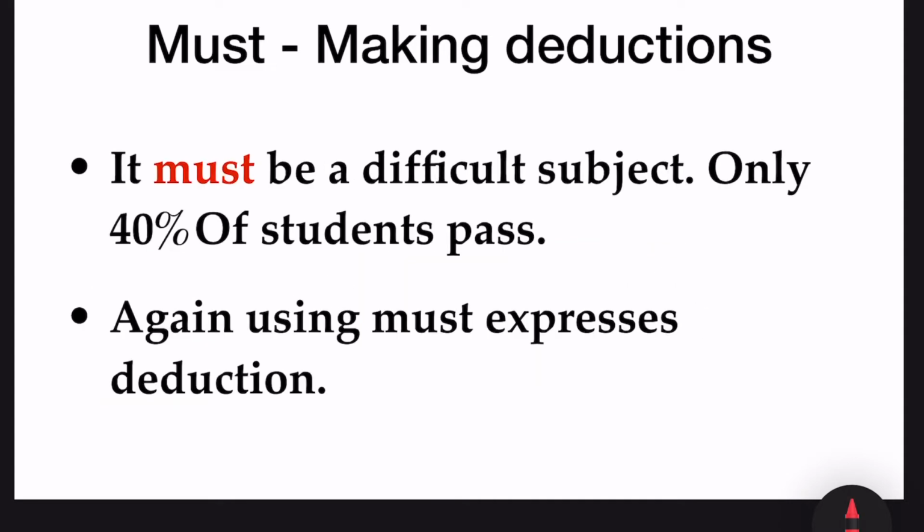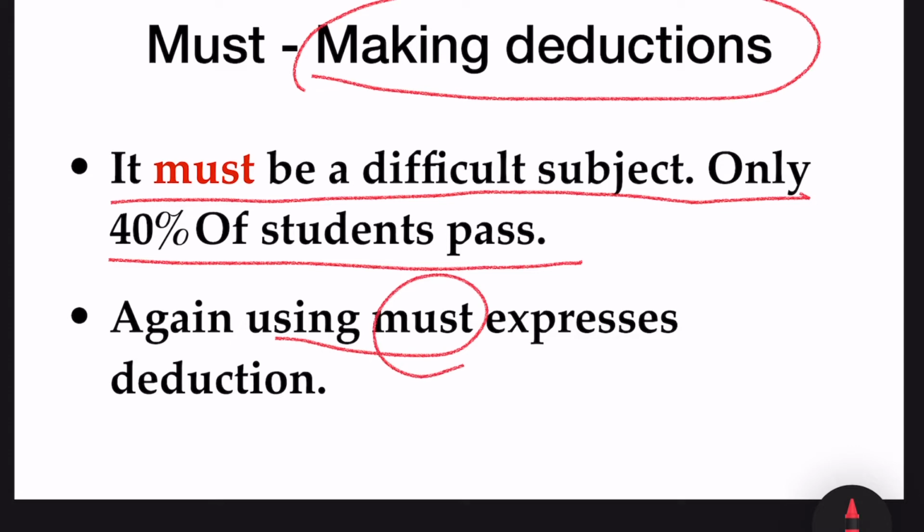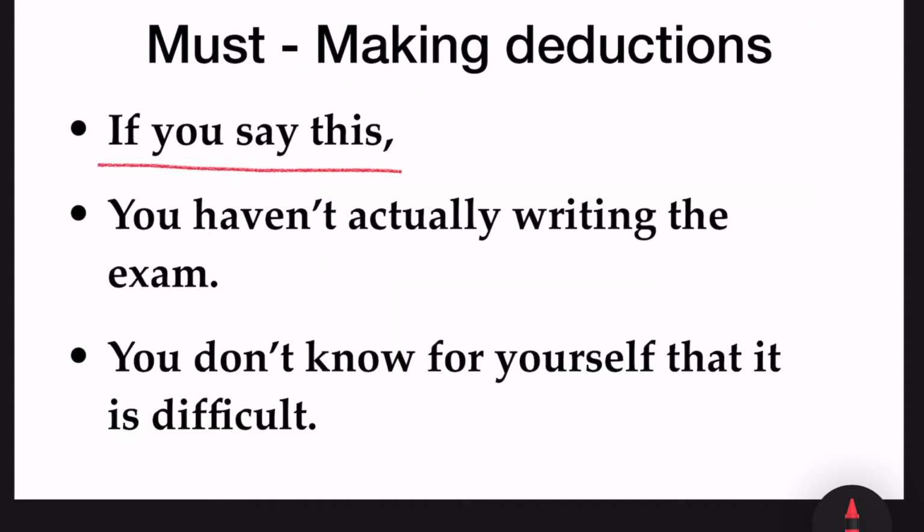Let's look at another example for making deductions. It must be a difficult subject. Only 40% of students pass. Again, using must expresses deduction. If you say this, you haven't actually written the exam.